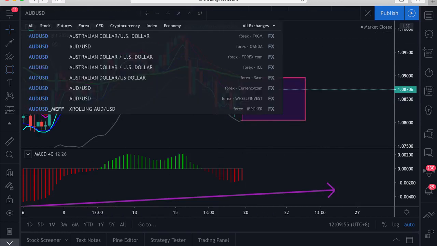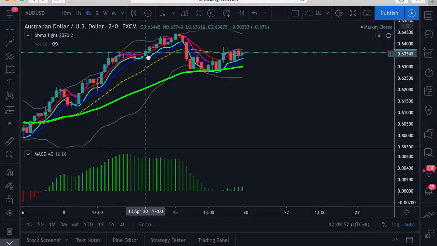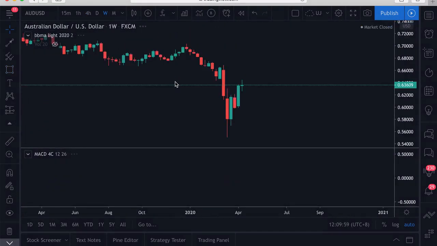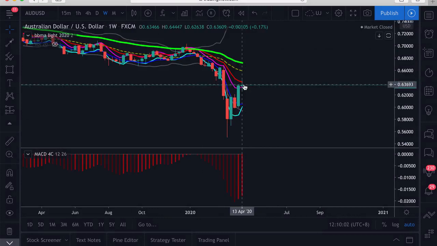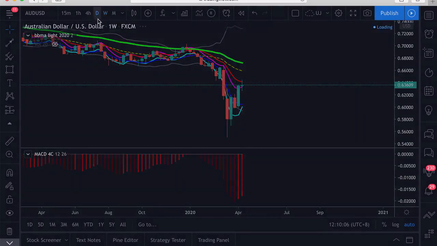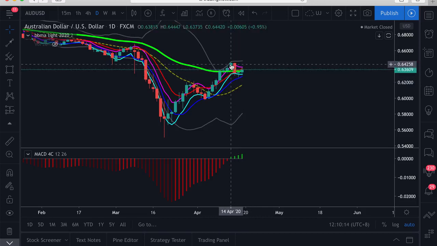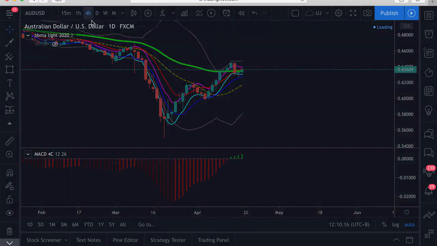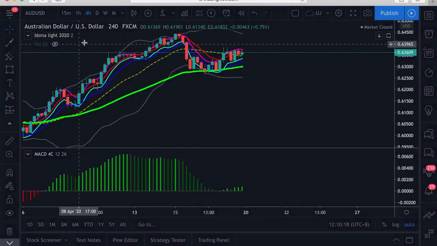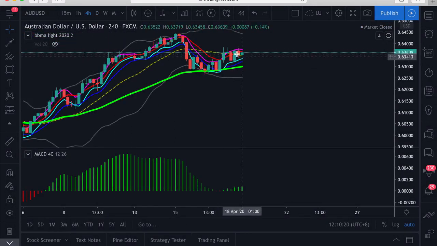AUD USD. On weekly, it's currently at the re-entry sell over here. On D1, we can see that there was a bearish engulfing here to push the price further down, and now it's making an MHV sell. Likewise on H4, it's an MHV sell as well.